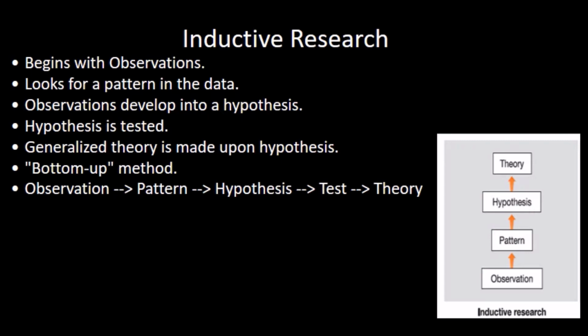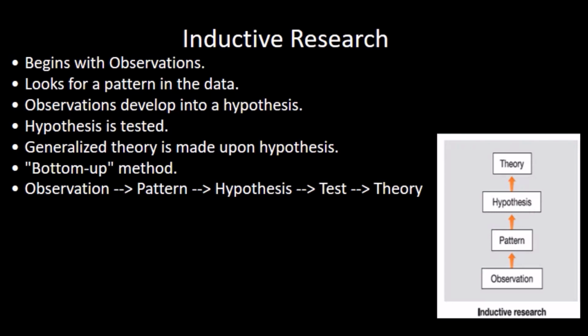Alright, so we're going to start off here again. It begins with observation. Then your observations form a pattern, and you try to develop what that pattern means, and then you generate a hypothesis based upon that pattern.